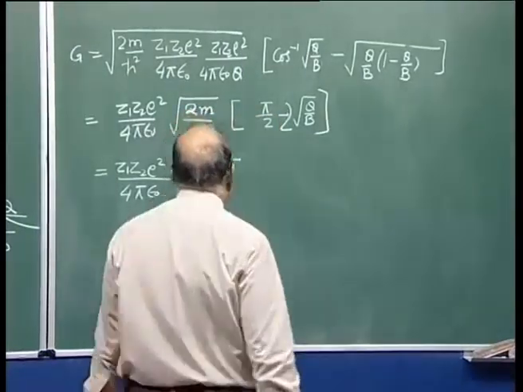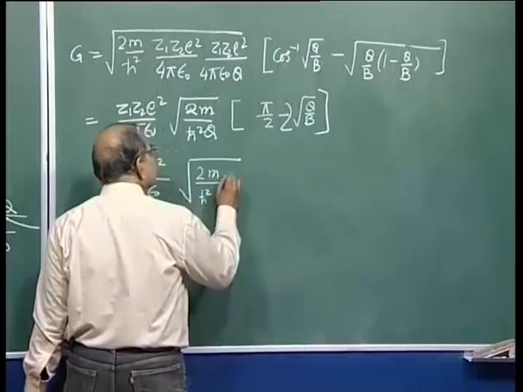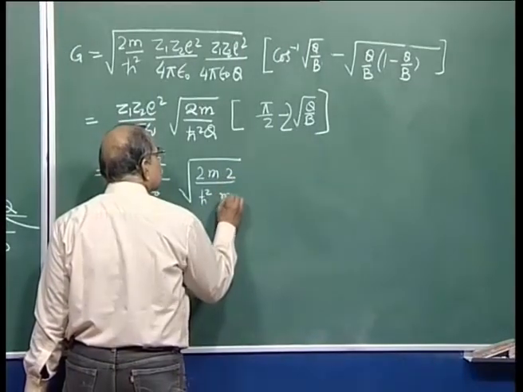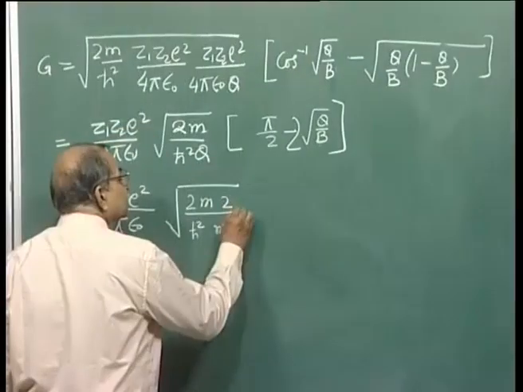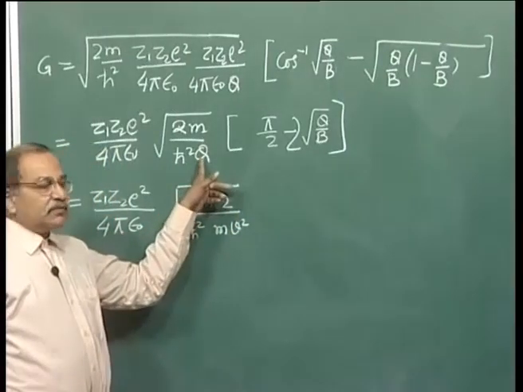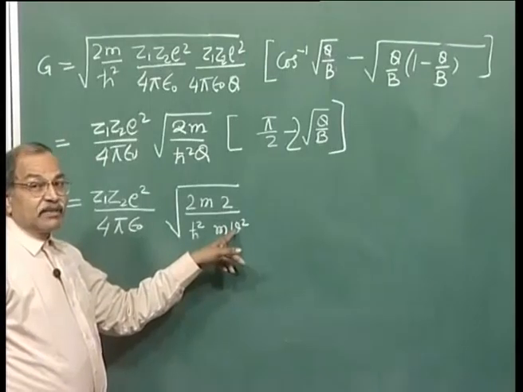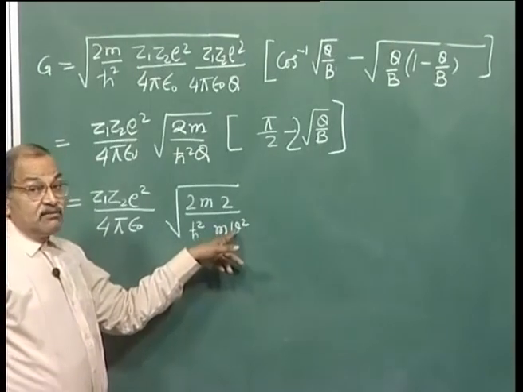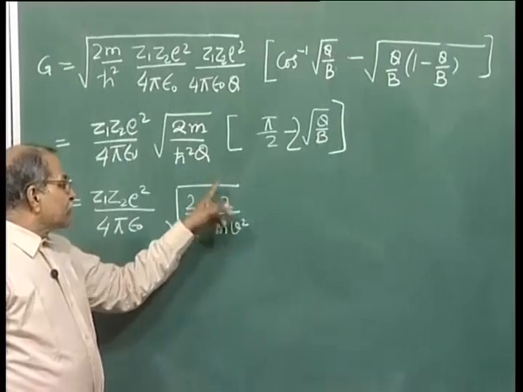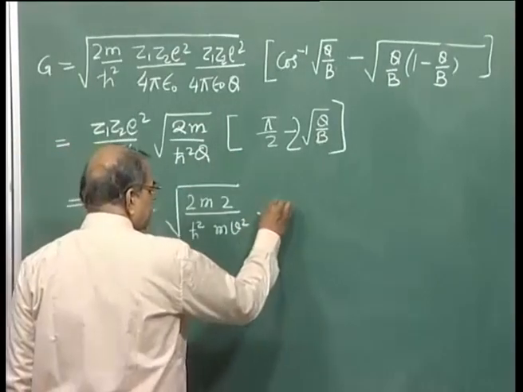So, this Q you can write as half m v square, where v is now the speed of the alpha particle when it has come out of the nucleus and going into your detector, and then pi by 2 from here.